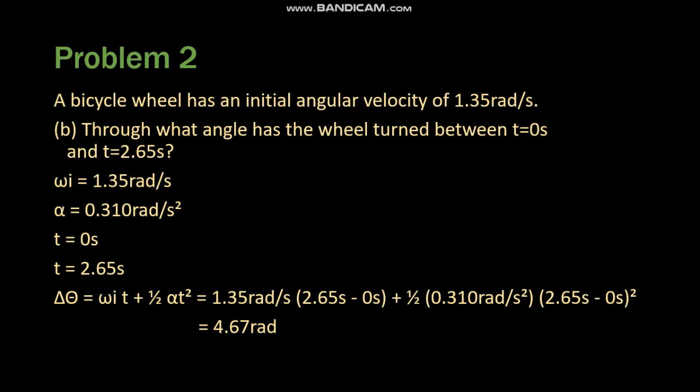Let's plug these values into the formula. 1.35 radians per second multiplied by the change in time, 2.65 seconds minus 0 seconds, plus 1/2 of angular acceleration, 0.310 radians per second squared, multiplied by the change in time squared, 2.65 seconds minus 0 seconds, squared.